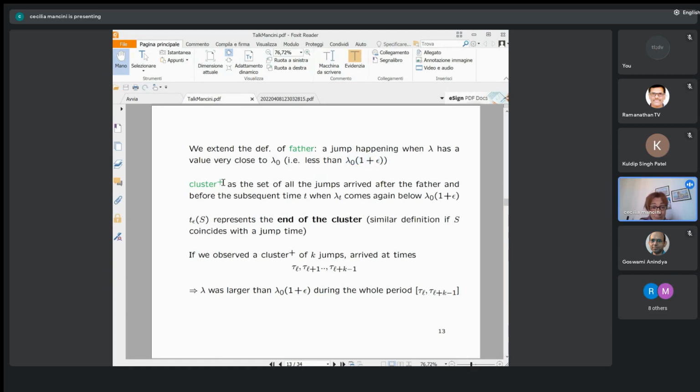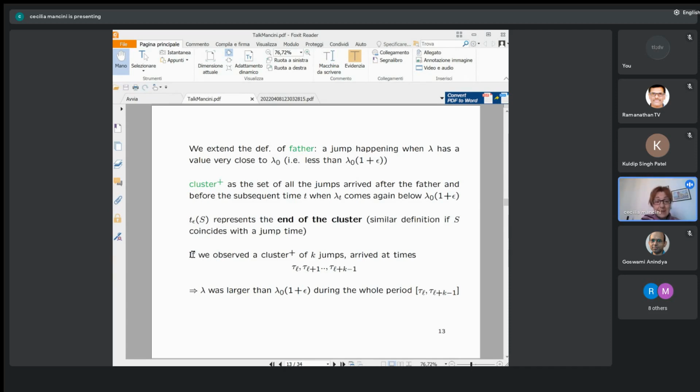And we define cluster plus, a specific cluster of jumps, as the set of the jumps arrived when lambda is far from lambda 0, so above the level lambda 0, 1 plus epsilon. So T epsilon represents the end of the cluster, because after T epsilon, lambda is back below level lambda 0, 1 plus epsilon.